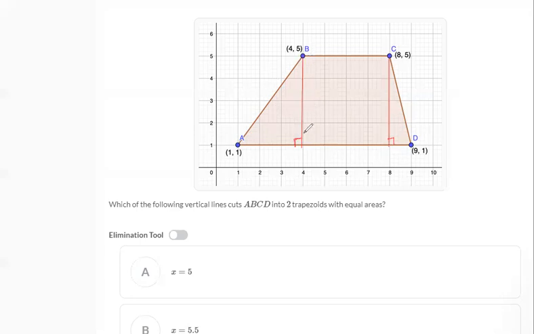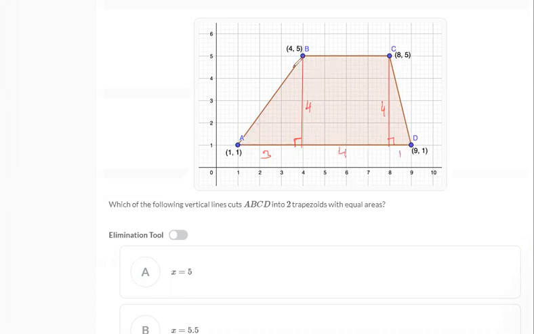So this distance is 1, 2, 3, 4, 5 units. Actually this is 4, because from here to here is 5 units, but we have one missing, so it's just 4 units. So this is 4, and this distance is 3 units, so I'm going to have this 3, and this is also 4, and this is 1, and this distance is 4.